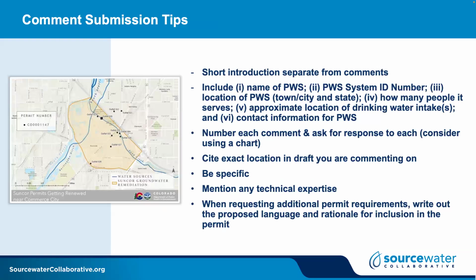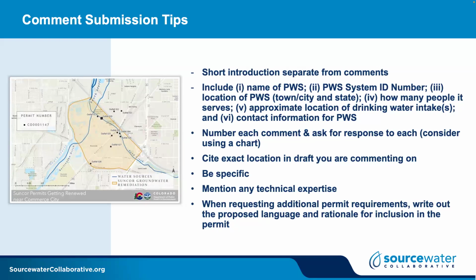These are some more detailed comment submission tips. If you're a drinking water system, you want to provide all the relevant information on your system. We recommend that you number each of your comments and ask for the state to respond directly to your comment.